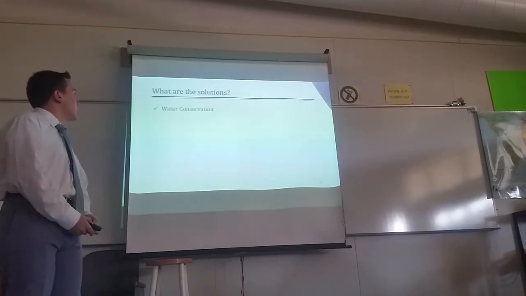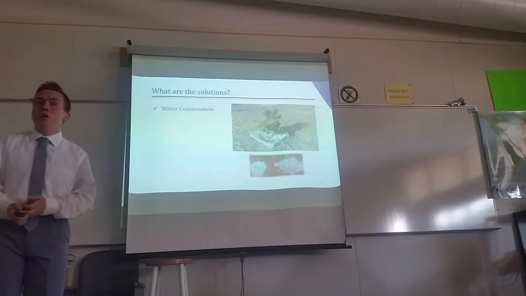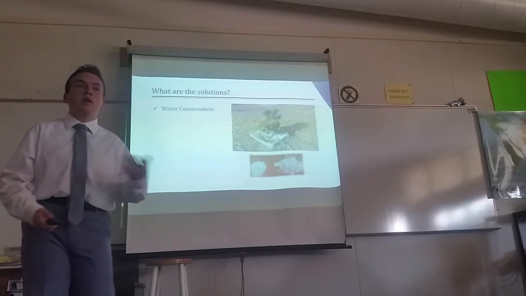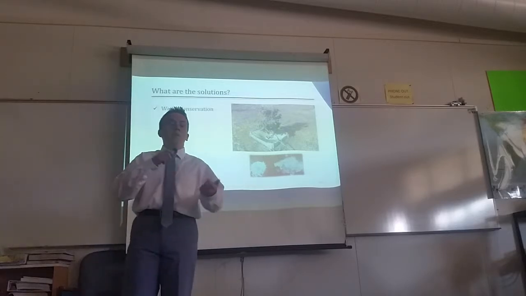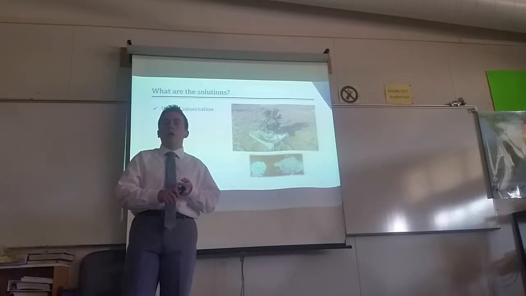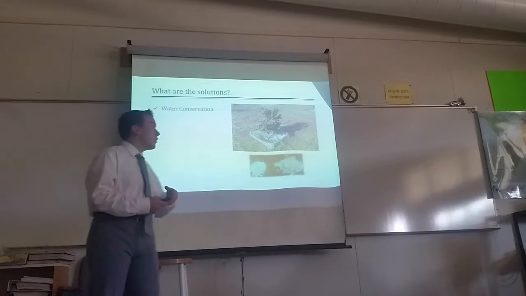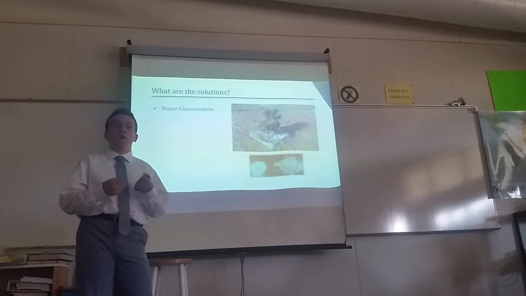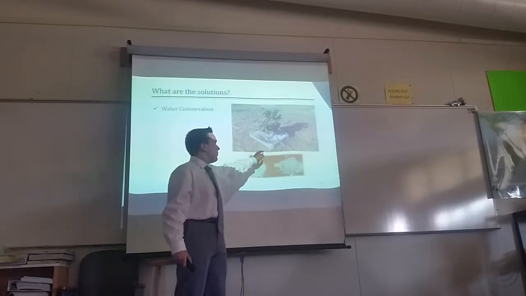So what are the solutions? One of the easiest solutions can be water conservation. We can use less water for anything. Like I also asked in the survey, what can you do? People said take shorter showers, don't water the lawn, don't wash the car, some stuff like that. But there is also an impact that you can make, like if you have plants. This is called thalia.